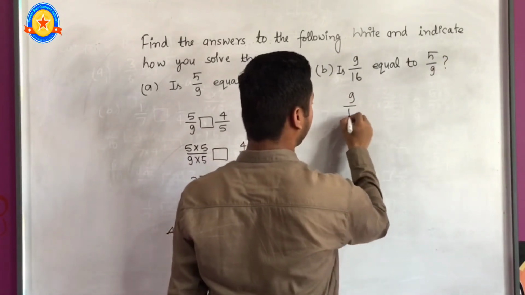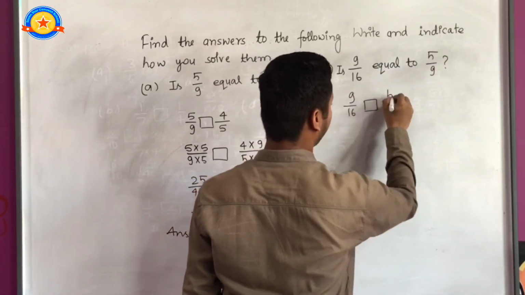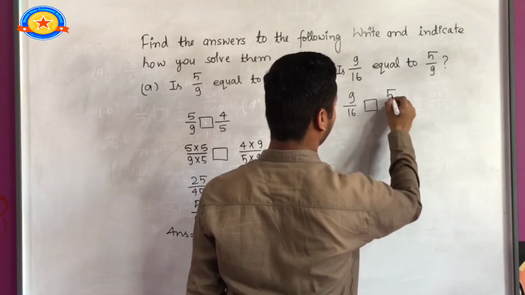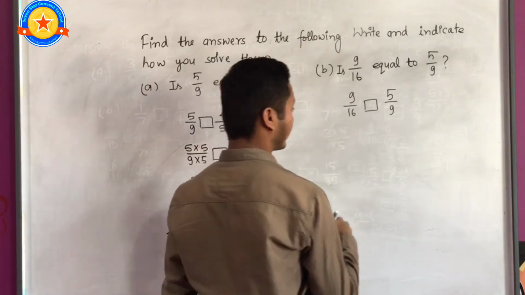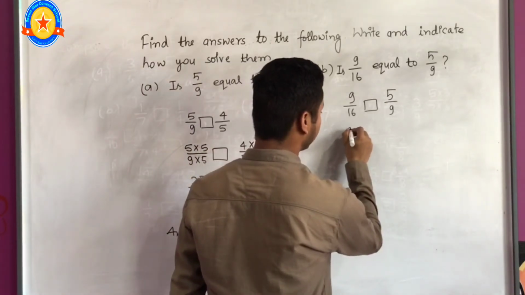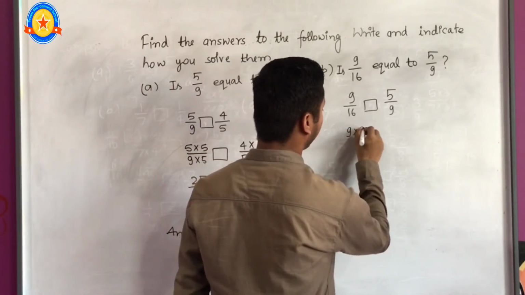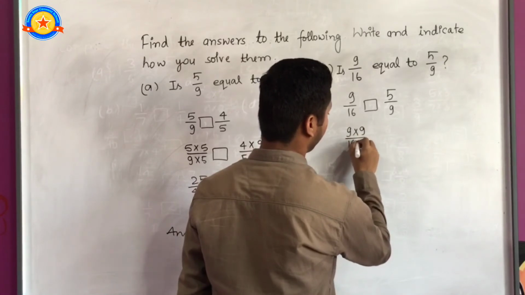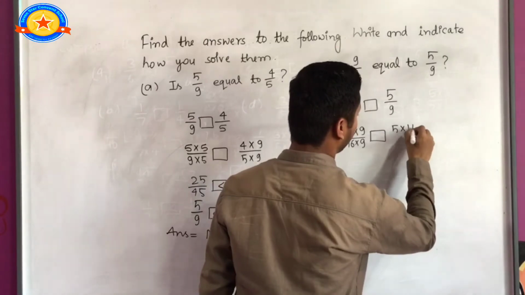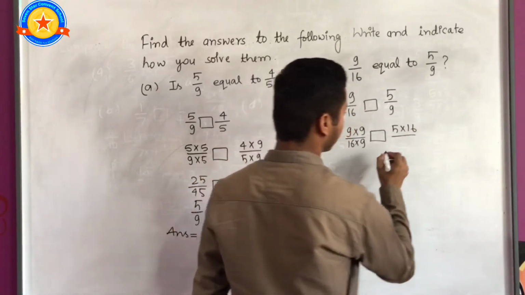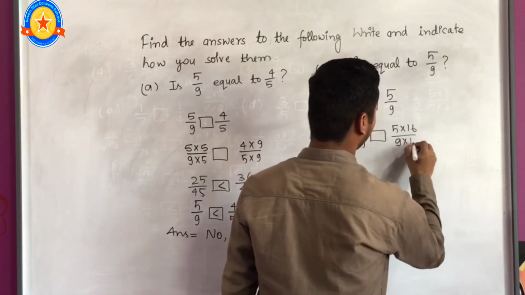Again we write 9 by 16 blank space 5 by 9. Now we need to make the denominator same. It becomes 9 into 9 upon 16 into 9, and it becomes 5 into 16 upon 9 into 16.